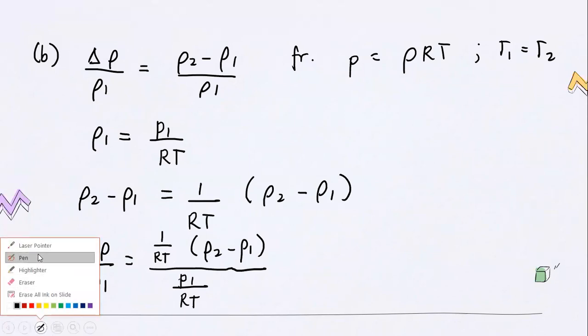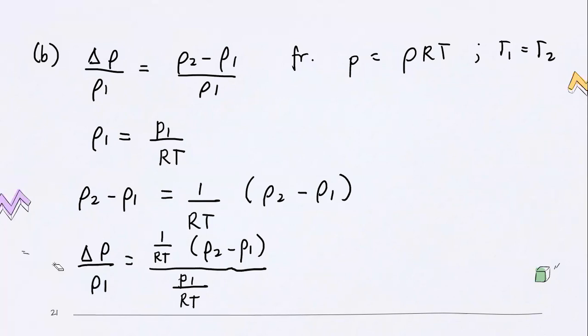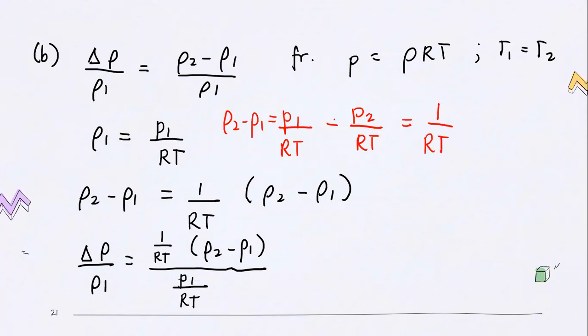Since rho 2 minus rho 1 is equal to P2 over RT minus P1 over RT, therefore the common factor is 1 over RT times quantity P2 minus P1.